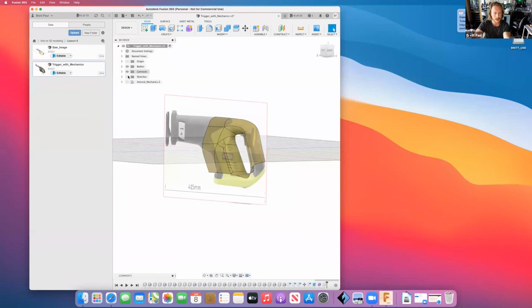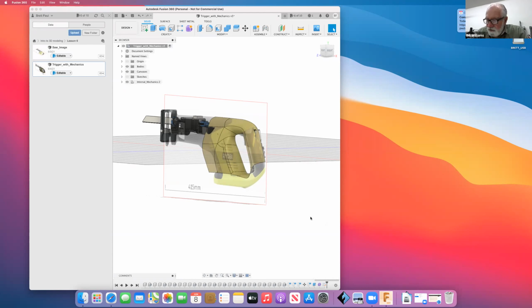But if I open up internal mechanics, all of this was made using parametrics. And then the casing that we're making is using freeform, and that shows up in our design history as a form, as a freeform part. So, good question. Cool.